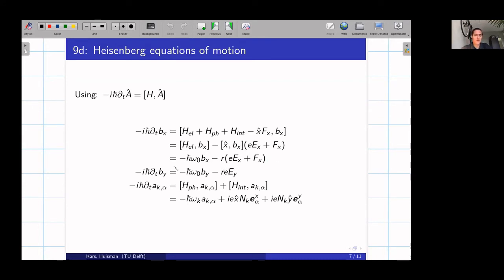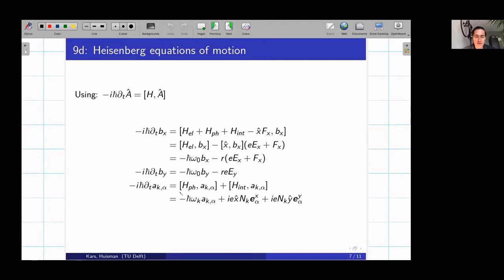Right, and if you do the same for the b cap, then you do basically the same steps, only you don't have this force. This force doesn't appear in the b equation of motion.